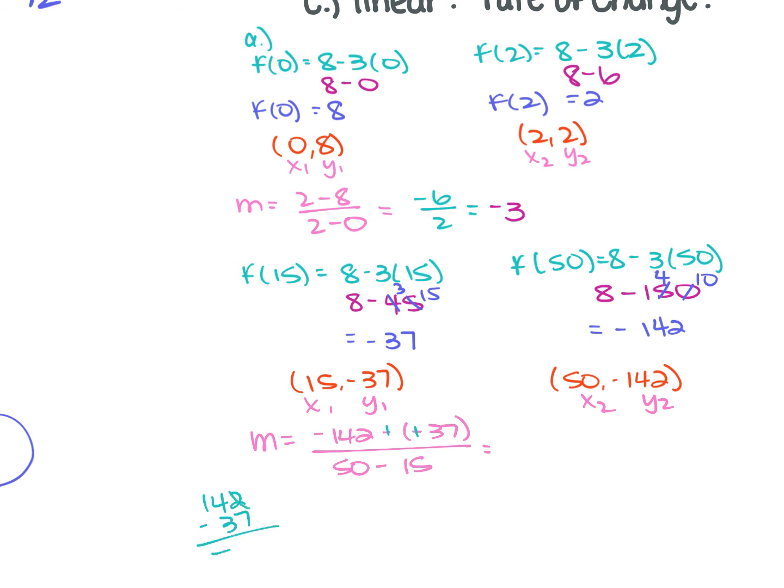Keep it negative. That's 105, so negative 105 over 35. Again, these are both divisible by 5, so this becomes negative 21 over 7, which is negative 3.